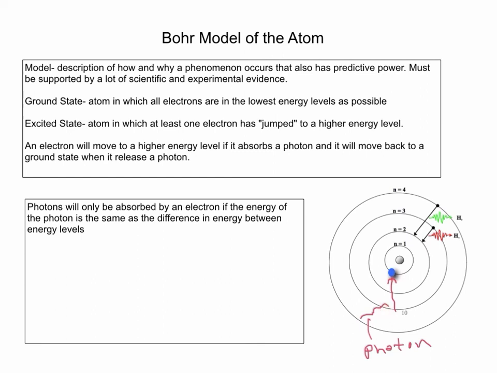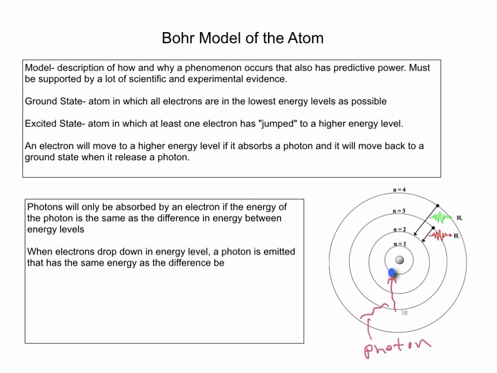But this is also true when the electron drops back down. When electrons drop down in energy level, a photon is emitted that has the same energy as the difference between the energy levels.